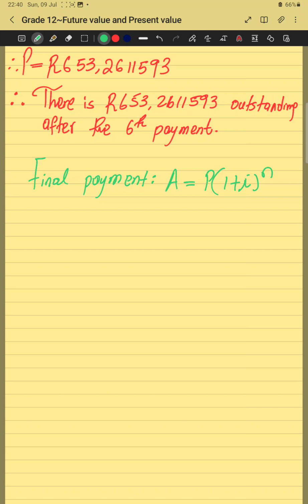Then just before I do a substitution, I want to draw a timeline for you, just to make you understand. So that is the 60th payment. So here we've got 1, 2, and 3.